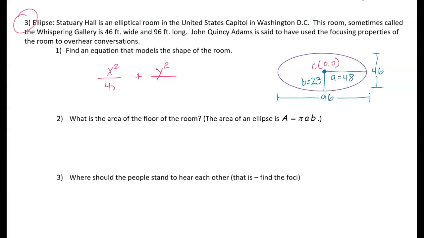So it's 48 squared, and if we square that, we get 2304. And what goes under the y squared term? Good. 23 squared, which is 529.